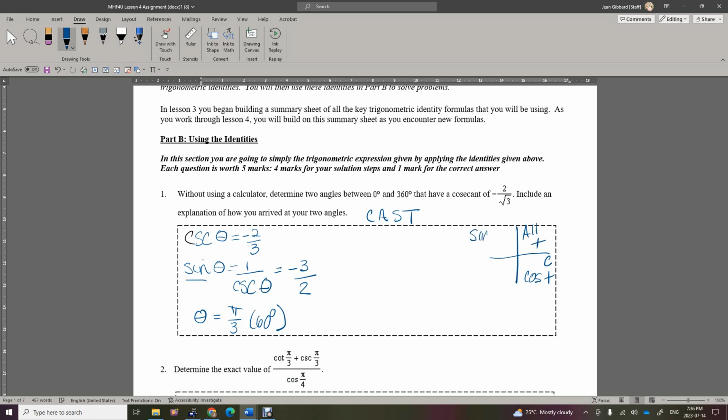This means that sine is positive, and cosine and tan are negative, and this means that tan is positive. So in here our cosine is negative and our sine is negative, and sine is negative here as well. And because of this relationship, if sine is negative, cosecant is negative as well.